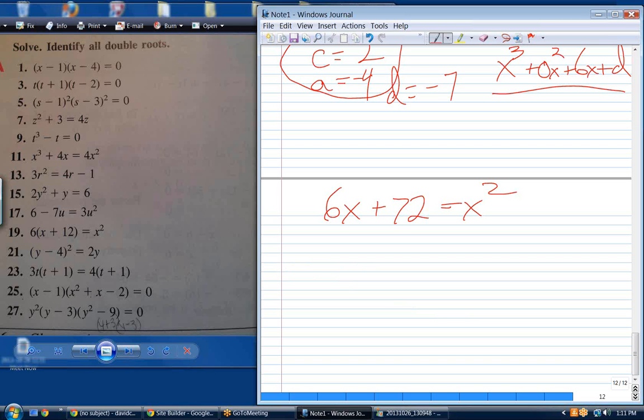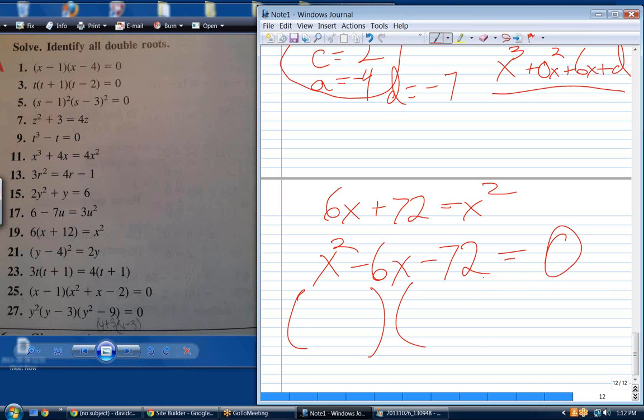I prefer to leave the coefficient on my x squared term always positive. It makes it much easier to factor. So move everything else to the right? Yeah, let's move everything else to the right, and then I'll just rewrite it. That way I don't have to worry about dividing by 9 minus 1 to solve it.